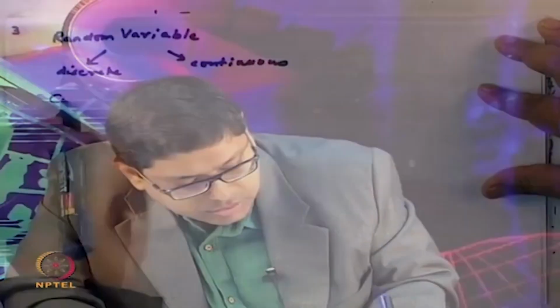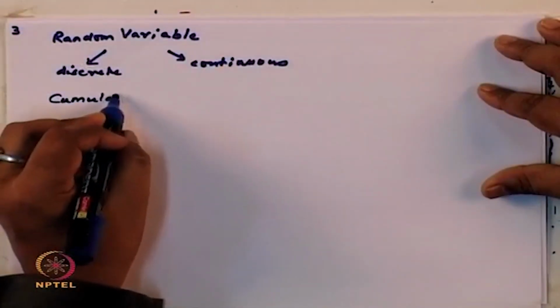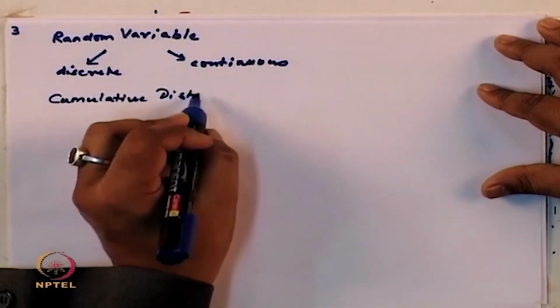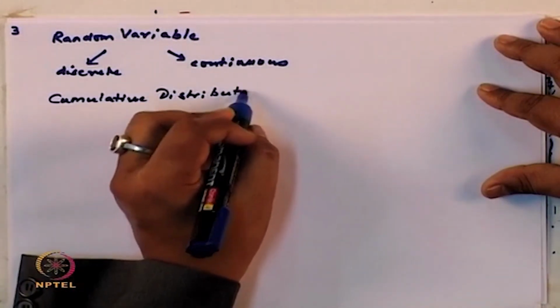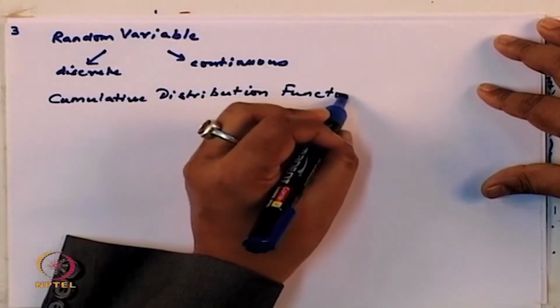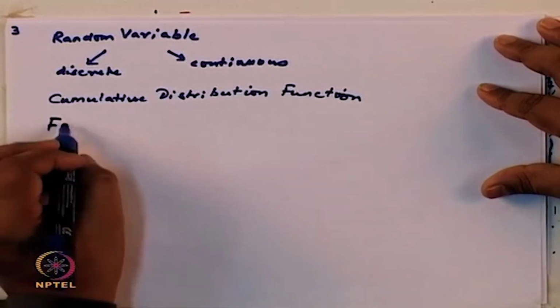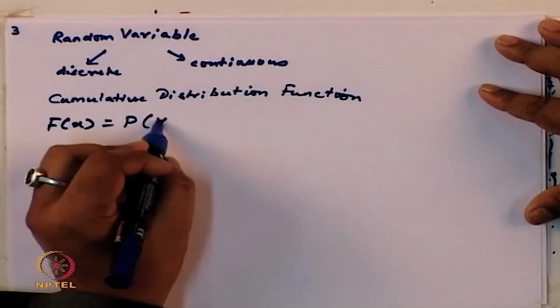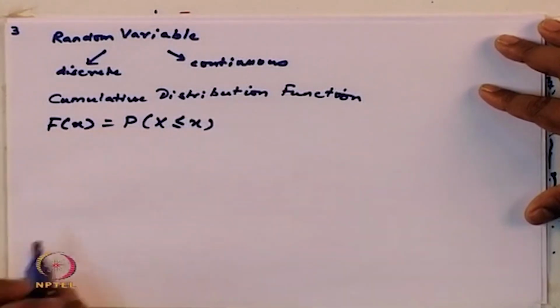We can define something called the cumulative distribution function. This is typically represented as F of x, and is defined by the probability of X less than or equal to x.